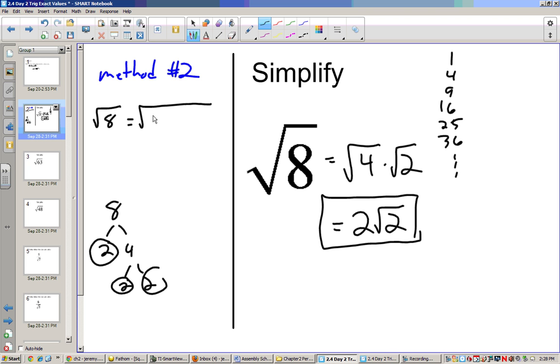So the square root of 8 is going to be the square root of 2 times the square root of 2 times the square root of 2. Now, whenever you multiply the square root of 2 times the square root of 2, that's just going to equal square root of 4, which is 2. And we don't have anything to multiply this by, so it gets left alone. So both ways, you get 2 root 2 as an answer.